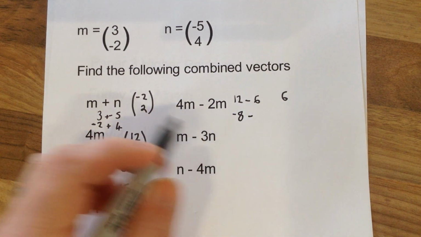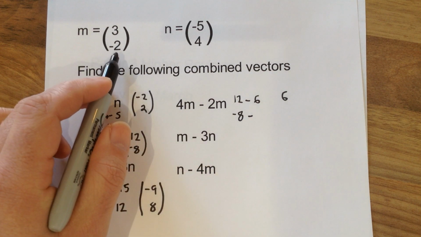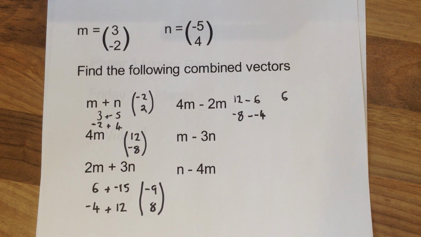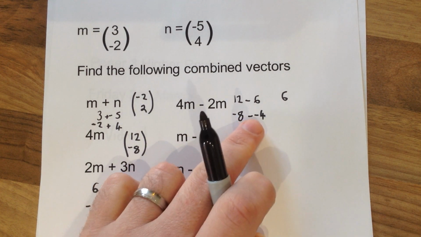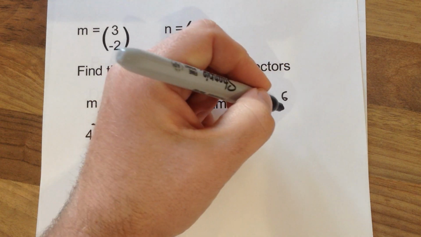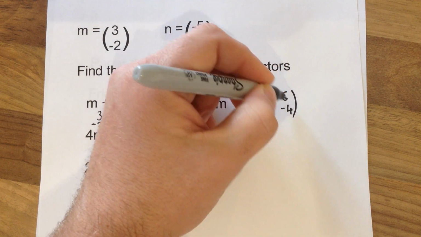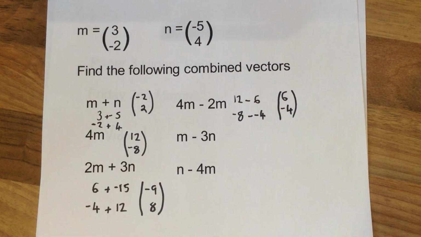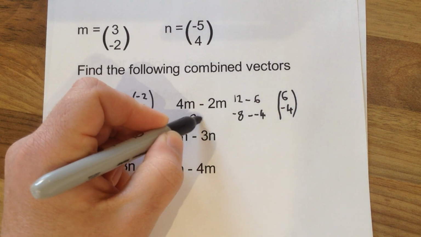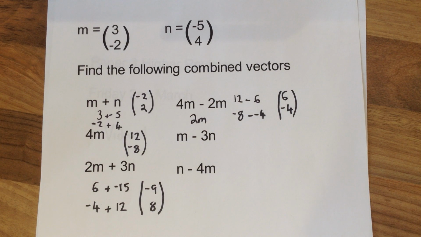Take away 2 lots of minus 2 is minus 4. Now, minus 8 take away negative 4, that's the same as saying minus 8 plus 4, which is minus 4. We could have actually cheated on this one, which is what threw me earlier on. 4m take away 2m, we could have just done the vector 2m.